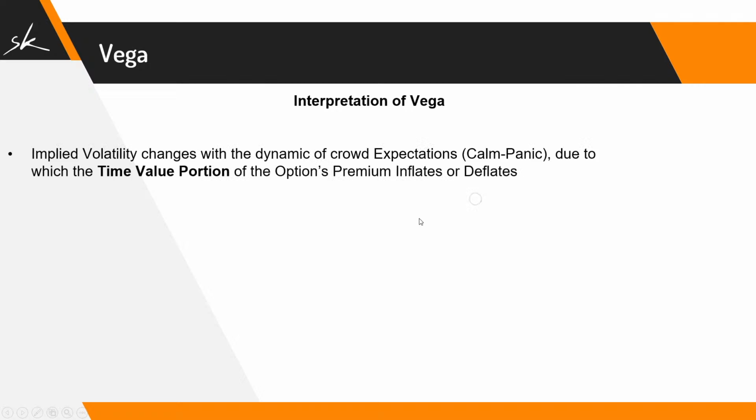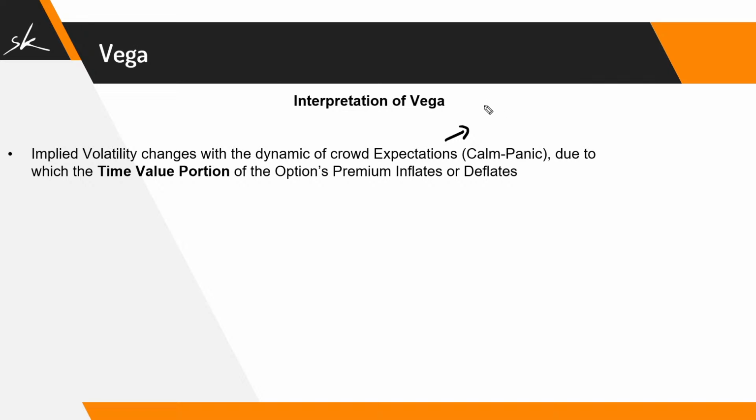Now, what is the interpretation of Vega? Implied volatility changes the dynamics of crowd expectation, because that is what we were talking about. If the crowd is calm versus the crowd is panicking, they might be willing to pay extreme values for the same contract. If we go back to the apartment example, the person who was selling the apartment had no information.